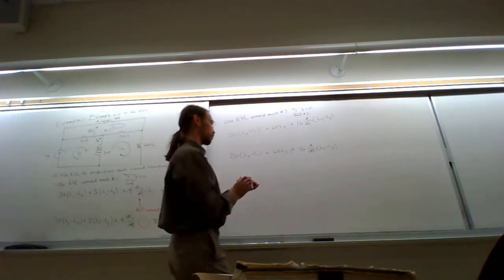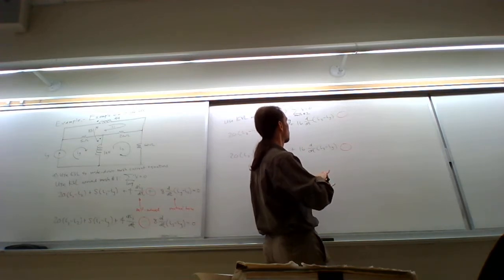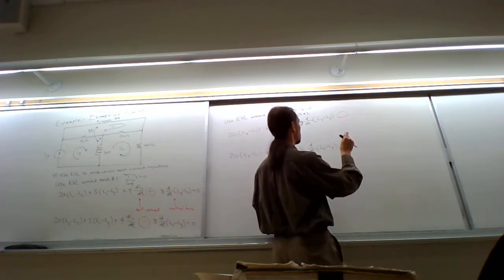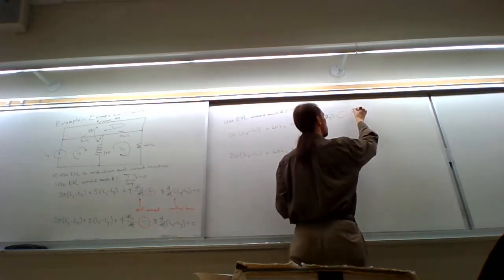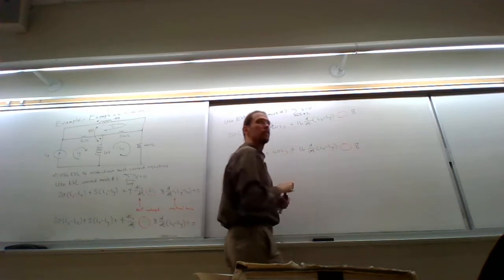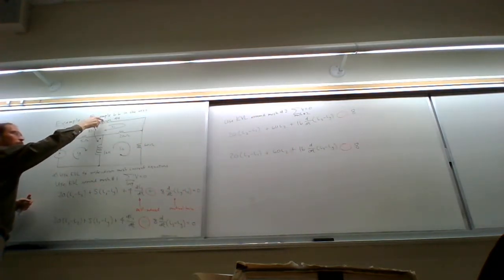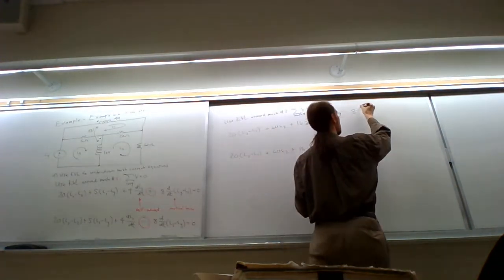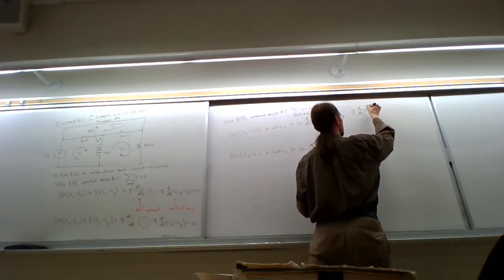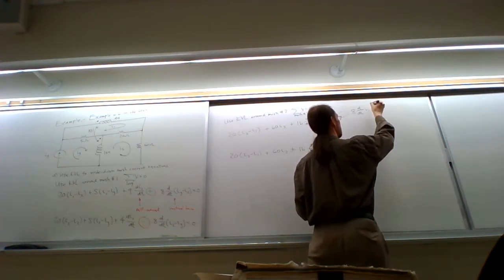Now for the mutually induced term, it's going to be the mutual inductance times the time derivative of the current flowing through here, because this current I1 is generating a magnetic field there. So here, for both of them, it is dI1/dt.